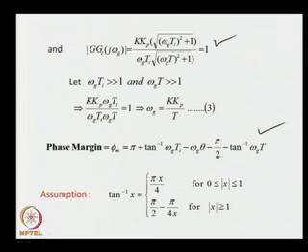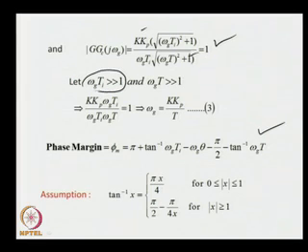Now, at gain crossover frequency, the loop gain can be expressed as k K p times root of omega g T I square plus 1 divided by omega g T I root of omega g T square plus 1 equal to 1, because as we know at the gain crossover frequency, the loop gain is 1.